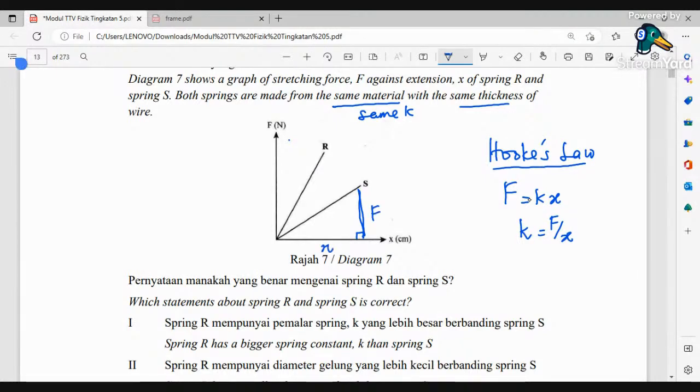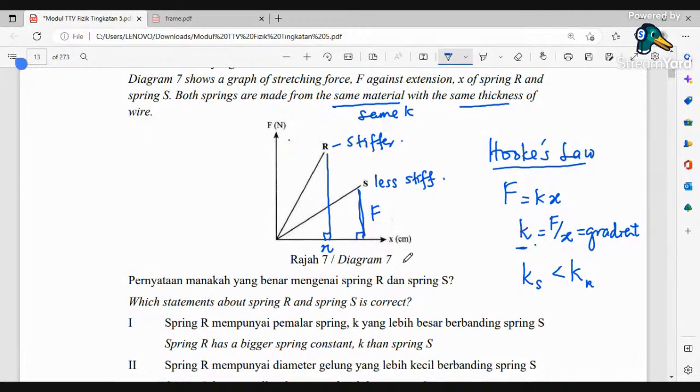So if this one is F and this one is x, thus the gradient equals k. So the higher the gradient, the higher the value of k. Okay, so you can see from here, k for S is smaller than k for R. Means R is stiffer, and S is less stiff, or soft.